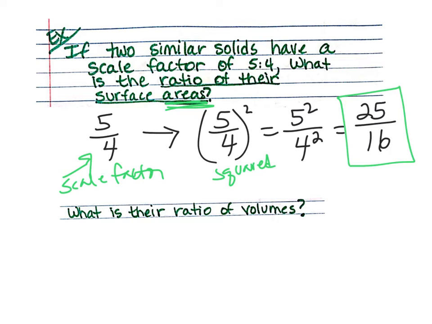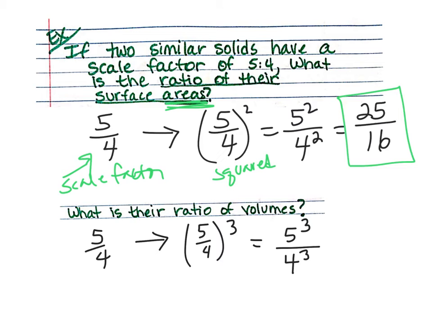What if we were asking for the volumes? We would take our scale factor, 5 over 4, and for volume, we have to cube our scale factor. So this would be equal to 5 cubed over 4 cubed, which is 125 over 64. So 5 times 5 is 25, times 5 is 125, and 4 times 4 is 16, and 16 times 4 is 64.